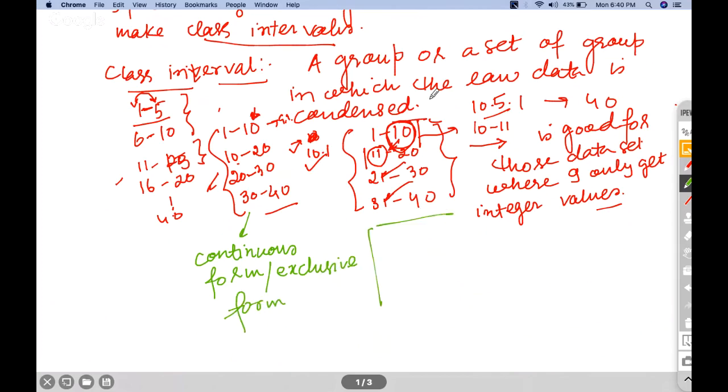And this kind of arrangement, where there is a gap between the two class intervals, is known as non-continuous or inclusive form.